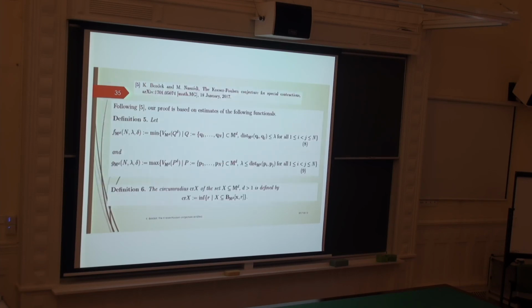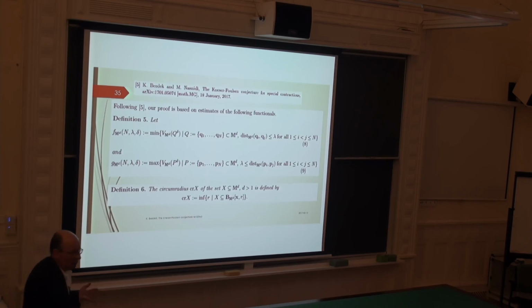I just want to give some brief description of what we are going to do. The usefulness of the notion of uniform contraction lies in the fact that one can approach this Kneser-Poulsen conjecture in the following naive but actually very effective way. Namely, when we look at the point configuration Q, we have the restriction that the pairwise distances are upper bounded by lambda.